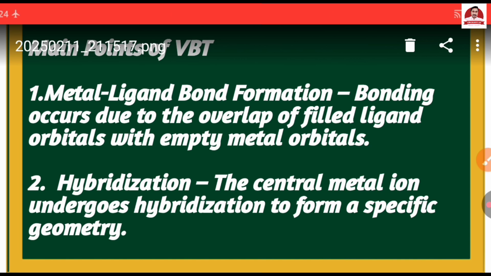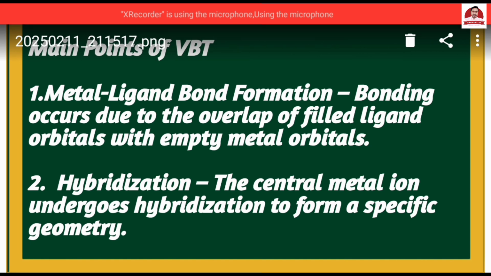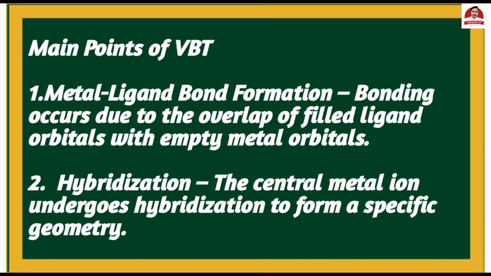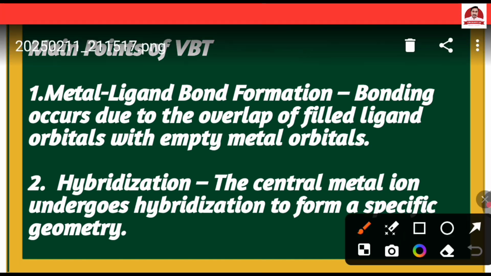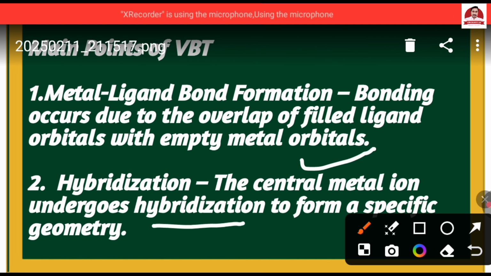Second point, hybridization. The central metal ion undergoes hybridization to form a specific geometry. So in the coordination compound, the central metal atom undergoes hybridization to form a specific geometry.